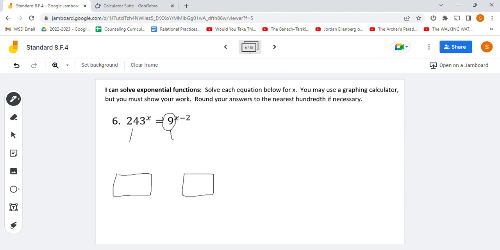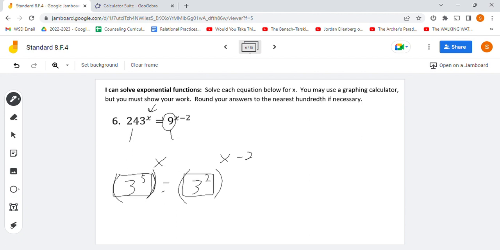But we can break both of these down to a base of 3. 243 is 3 to the 5th power, and 9 is 3 to the 2nd power. So those two bases now are going to be the same, and we have to consider the rest of it. So the 243, this 3 to the 5th power, is still going to be raised to the power of x. And this 3 to the 2nd power, that 9, is still being raised to the x minus 2. Keep that equal symbol in there.